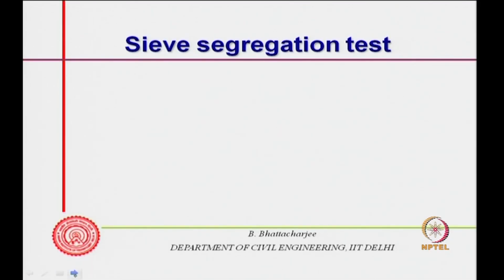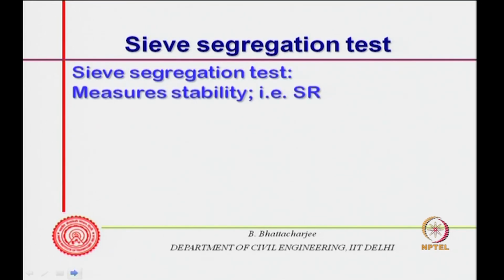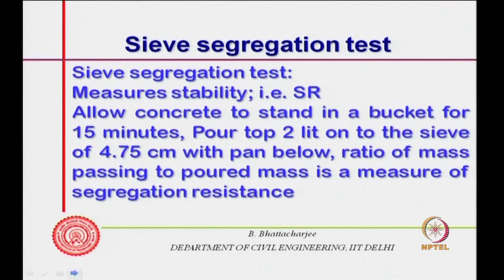So, we have one more test, that is the sieve segregation test. This test measures segregation resistance. What you do is allow the concrete to stand in a bucket for 15 minutes. The dimensions of this system will be fixed.